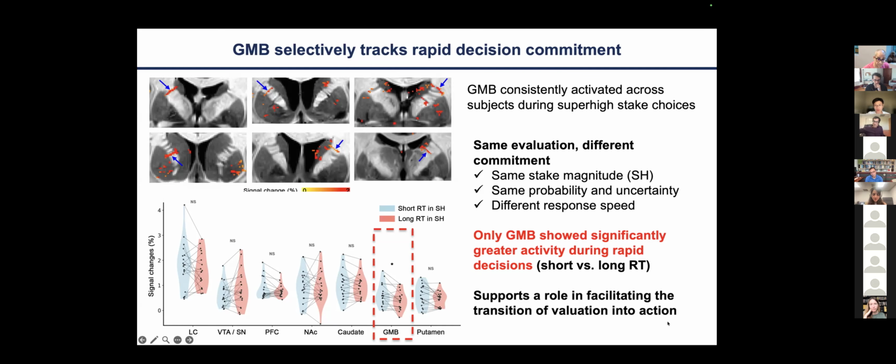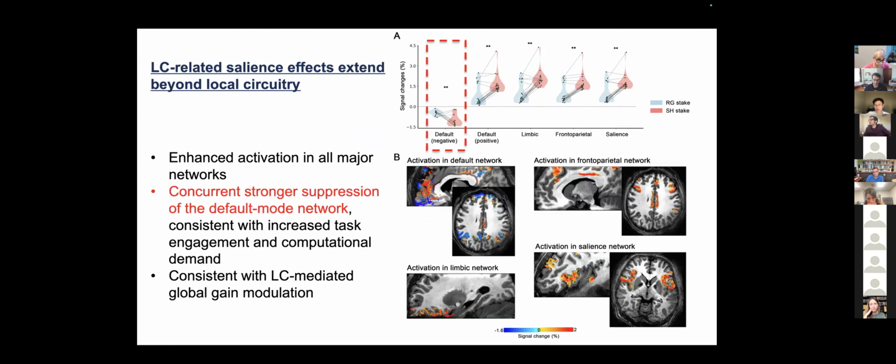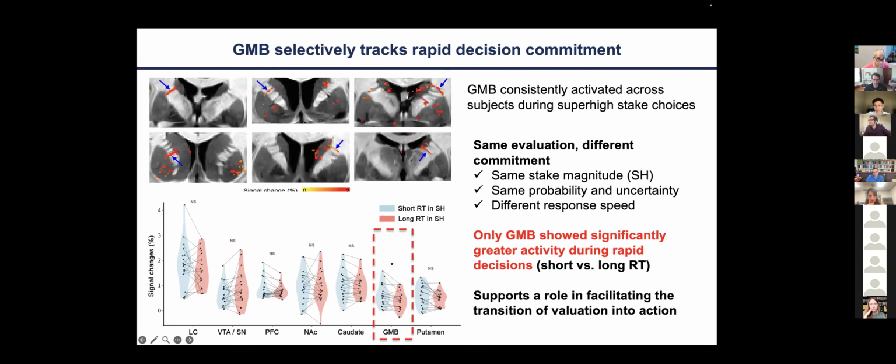So based on those two slides, on this one here, the gray matter bridge is not sensitive to the stake value. So its role is toward the downstream execution after evaluation is done. The gray matter bridge is definitely not sensitive to stake value. It's not related to the evaluation. And this slide supports a role in facilitating the transition from evaluation into action.